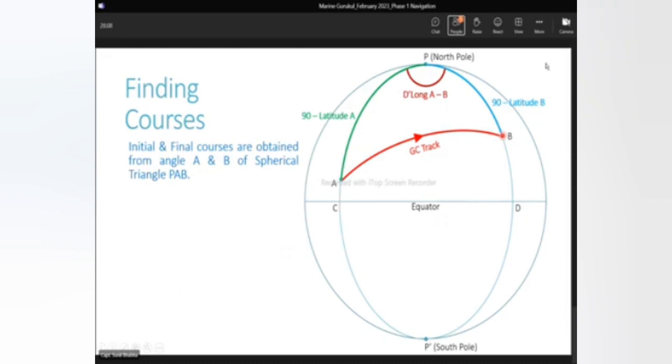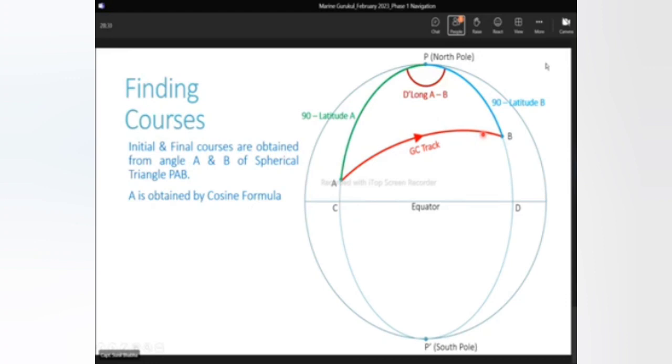With all the three sides known to us now, again we can use the cosine formula to find any angle of this triangle. So we will use this formula to find out angle A and angle B of our spherical triangle.